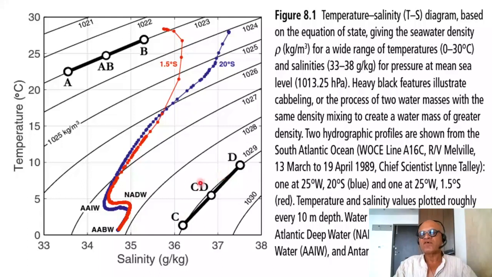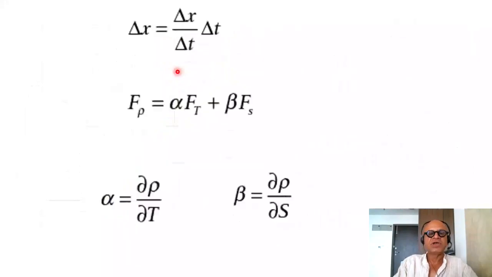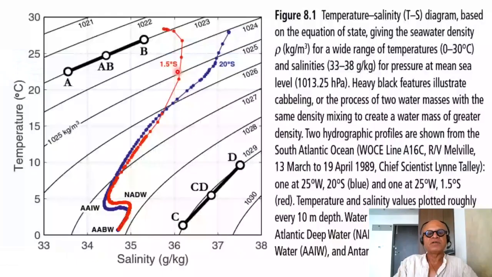Two hydrographic profiles are shown from the South Atlantic. So you can see there is one at 20 south and there is one at 1.5 degrees south, so in the subtropical gyre and in the deep tropical Atlantic. Okay, one at 25 degrees west, 20 south, and one at 25 degrees west, 1.5 degrees south.